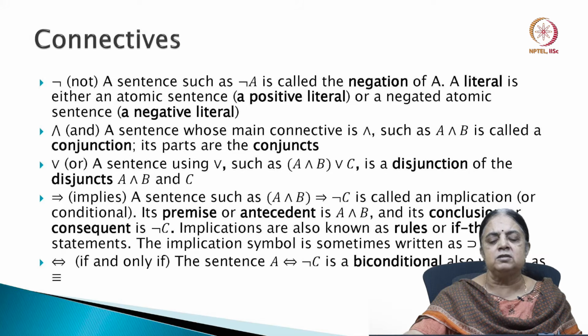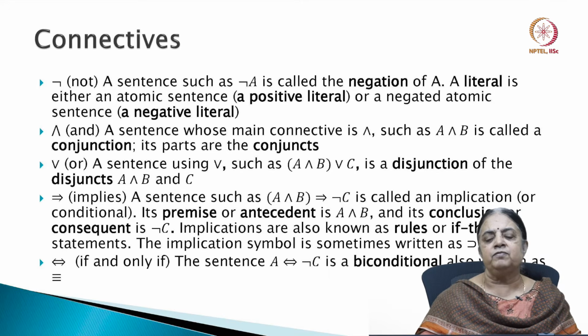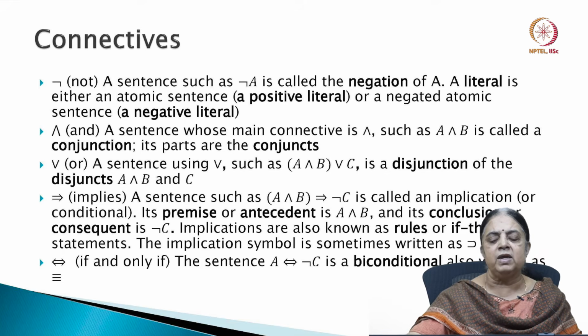In this particular sentence, A and B is one of the disjuncts and C is the other disjunct. And then implies, implication. It's called an implication or a conditional. So you can say something like A and B implies not C, or A implies B. It's something like if-then rules: in this particular sentence you can say if A and B is true, then not C is true.